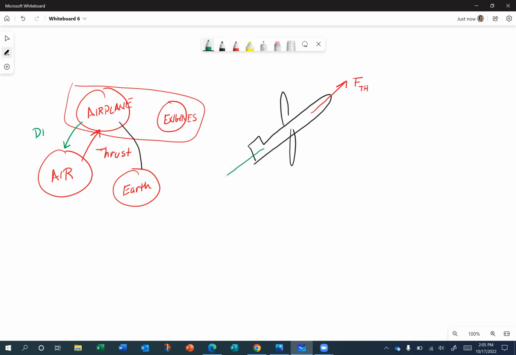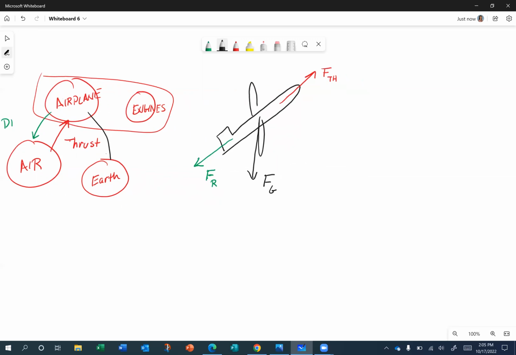So that's our force due to air resistance. And of course, we have the weight of the plane acting straight down, force of gravity. So those would be all the forces acting on the plane.